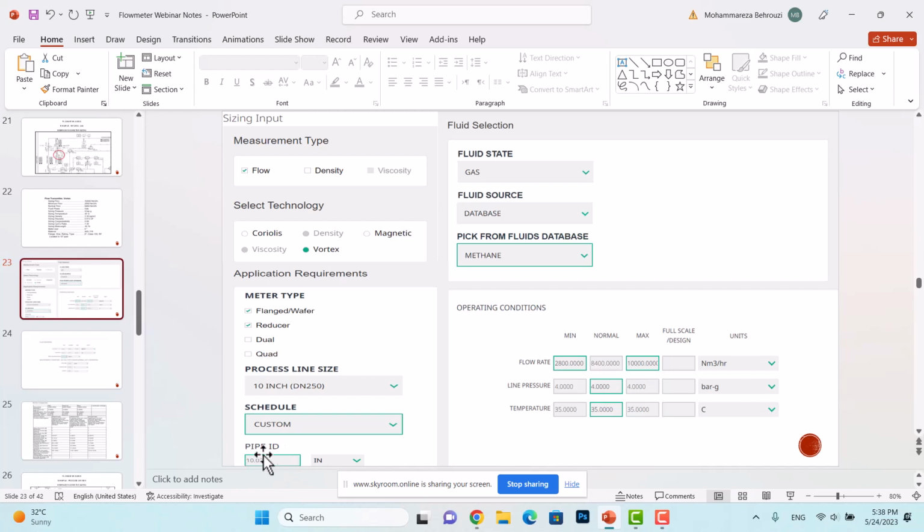It calculates the pipe ID here, and here you can see the fluid state is gas. And if you go to the fluid database, you can select methane, because 95% of natural gas is methane. And here you can enter the data like this one.